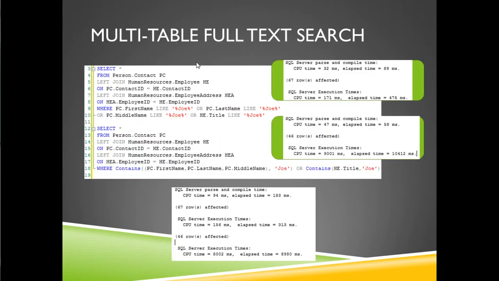However, when I used it on multiple tables, this is what happened. When I used the like, which is shown at the top, versus the contains, which is shown at the bottom, here I'm joining on multiple tables. So I'm joining HumanResources.Employee to HumanResources.EmployeeAddress, and then I'm performing the search on multiple tables.